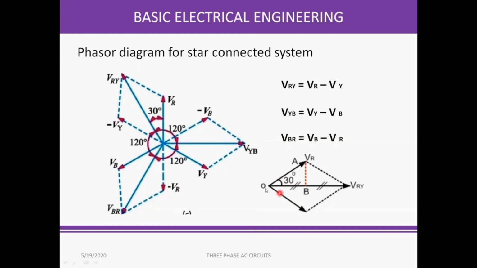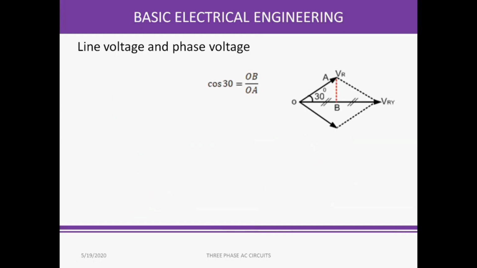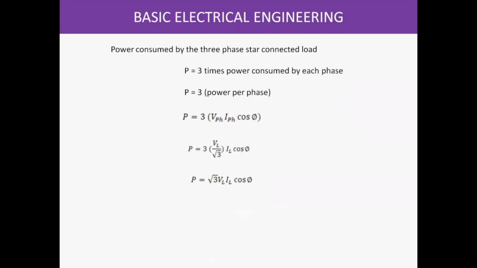Cos 30 is OB divided by OA. OB is nothing but half of VRY, so I can write VRY by 2, and OA is nothing but the VR vector. Cos 30 is root 3 by 2. You simplify, you will get this relation: line voltage is equal to root 3 times phase voltage. Line current is equal to phase current.